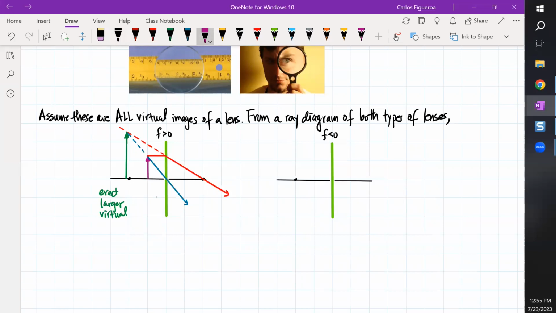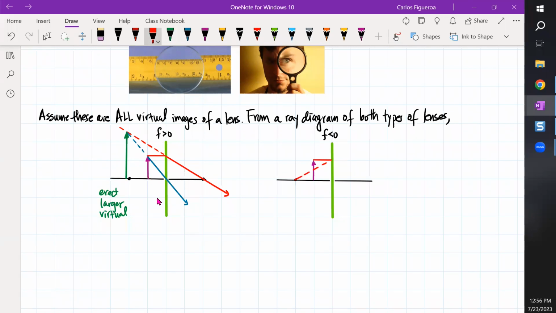So then if I again put my object right here, then again I go through my rays. I take my ray number 1, and then it diverges as if it's coming off from the focal point.